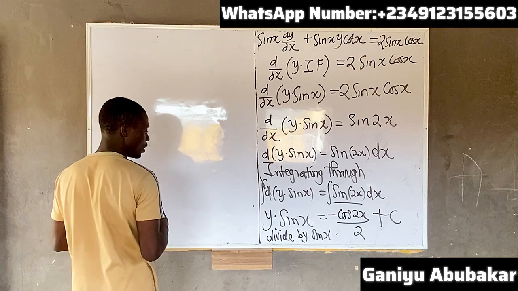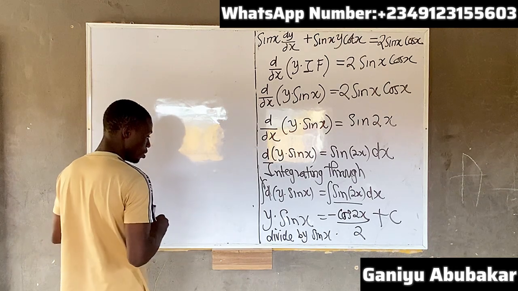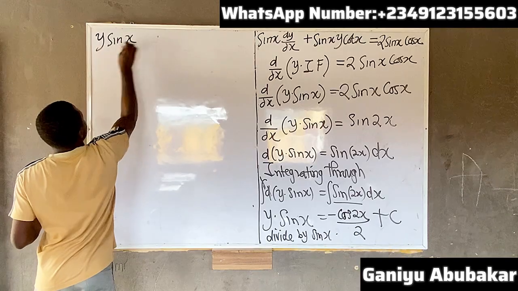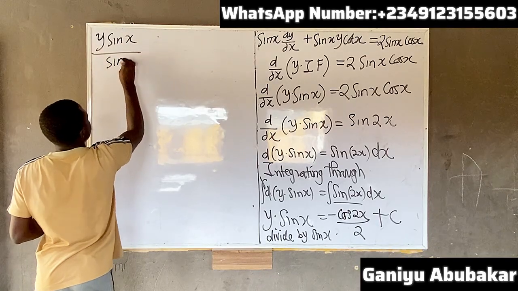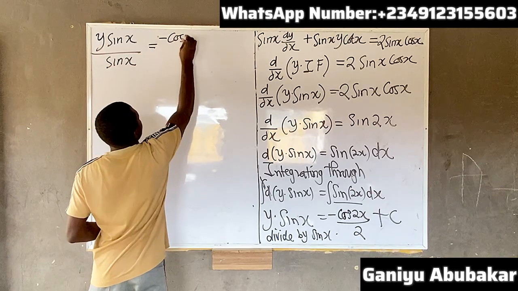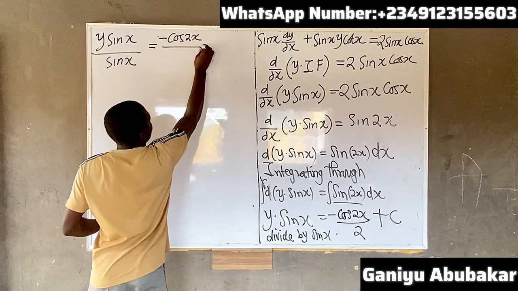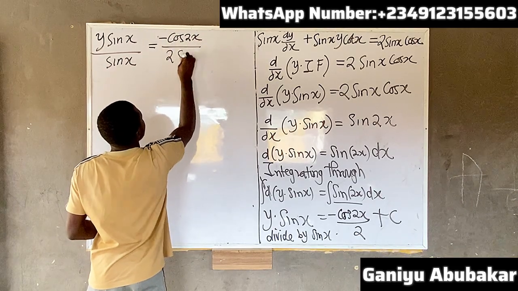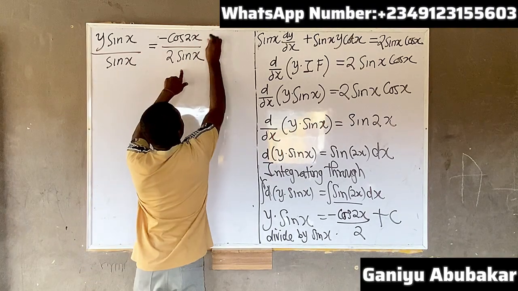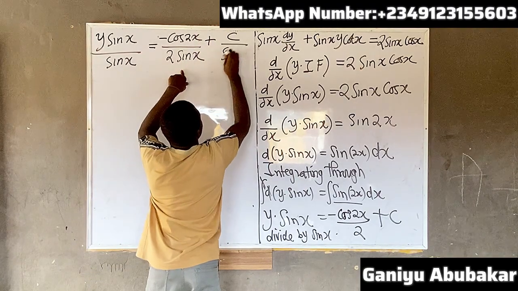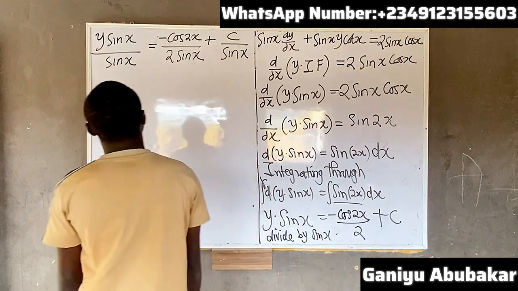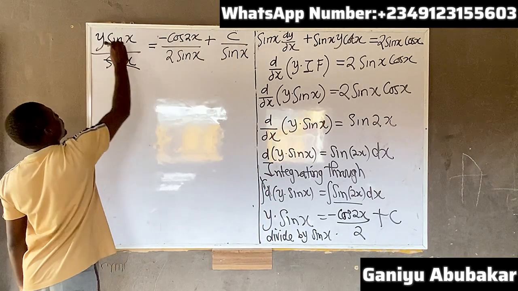From here, this gives you y sine x all over sine x equals negative cos 2x over 2 sine x, plus c over sine x. All right, so this one here, cancel this.